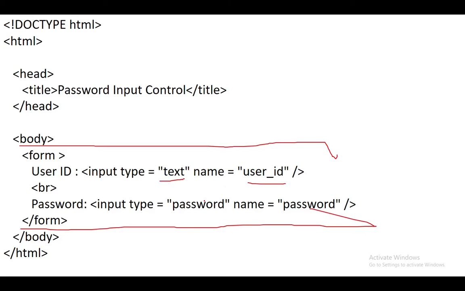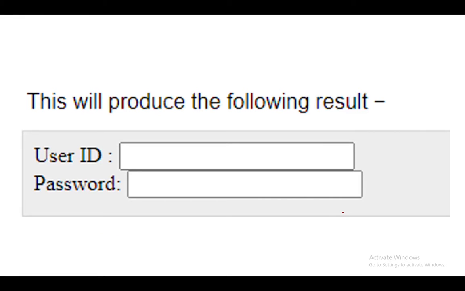Then underneath we have password. Automatically, once you type into this box, you see dots. You won't see what you're writing because the type is password. So this is how the finished product is going to look, and I'm also going to show you a live example.